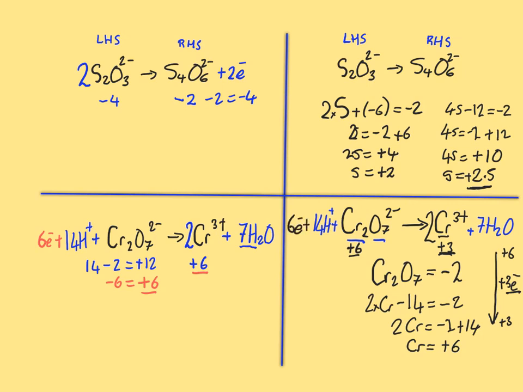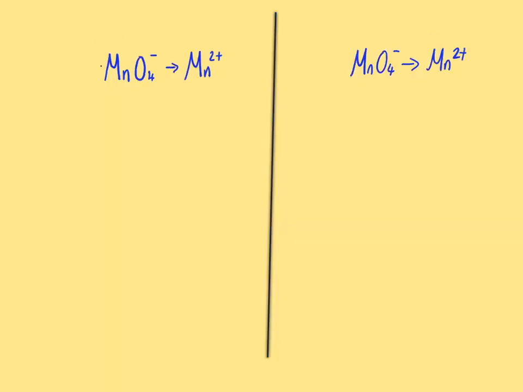You can choose whichever method you prefer, either the balancing charge or oxidation states. Your task now is to balance these 2 half equations, one using the balancing charge and the other using the balancing oxidation states. Pause the video now, do this on paper and then check your answer.